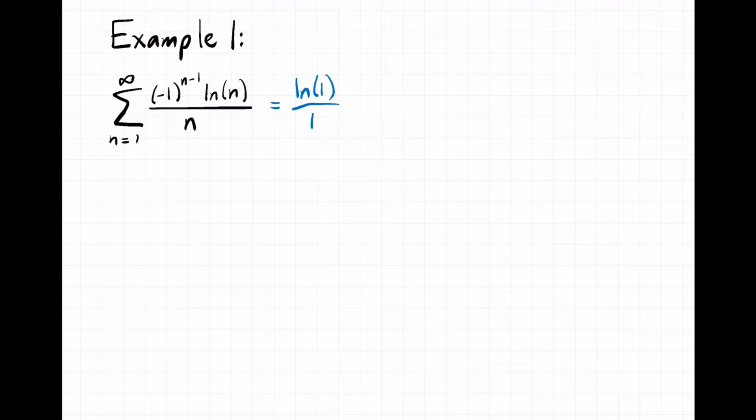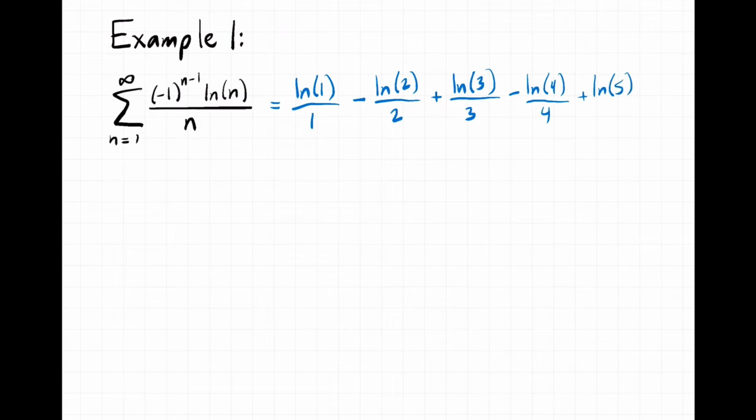Now, 2 minus 1 is 1, so we have (-1)^1, which is negative, and we'll have the natural log of 2 over 2. Then we'll have plus the natural log of 3 over 3, minus the natural log of 4 over 4, plus the natural log of 5 over 5, minus, and so on.